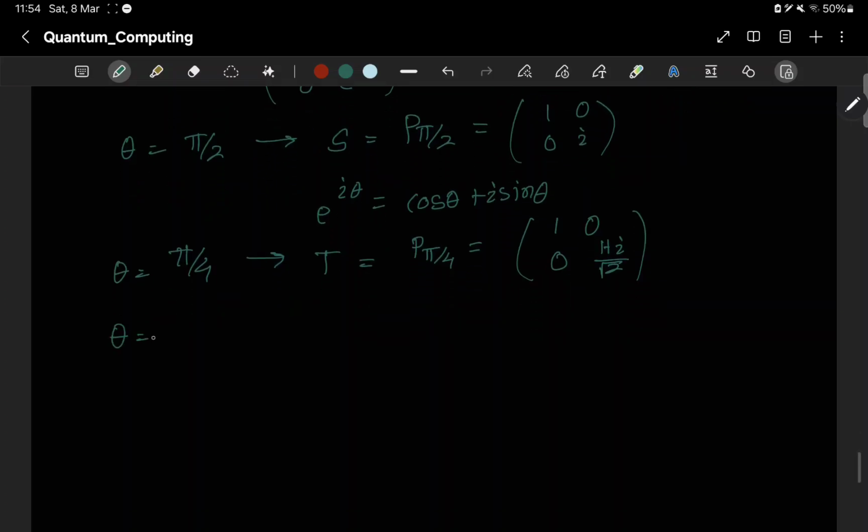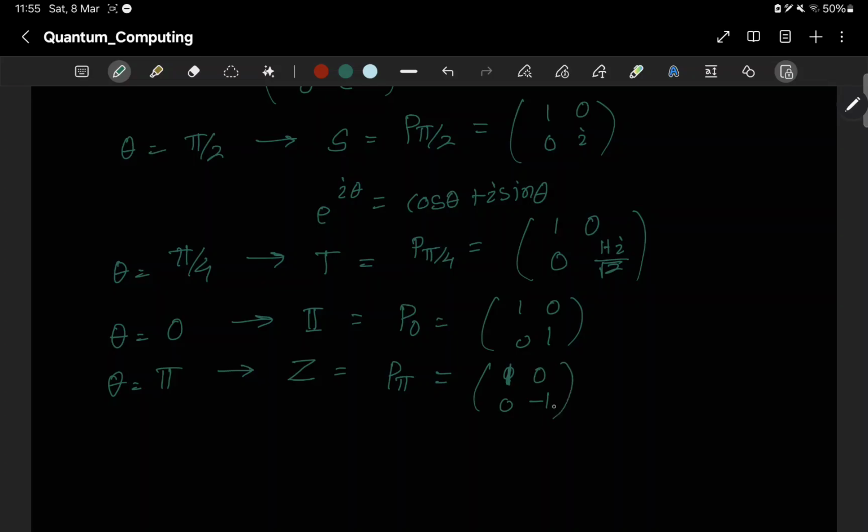Now let's say theta is equal to 0, we get the identity operation that we are already familiar with, which is 1 0 0 1. And if theta is equal to pi, we get the operation called Z, which we have already discussed. Z, which is sigma z, basically one of the Pauli operations: 1 0 0 minus 1, right?